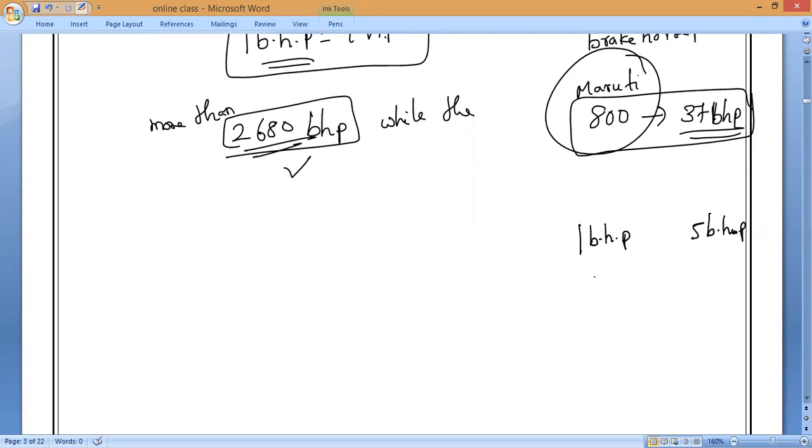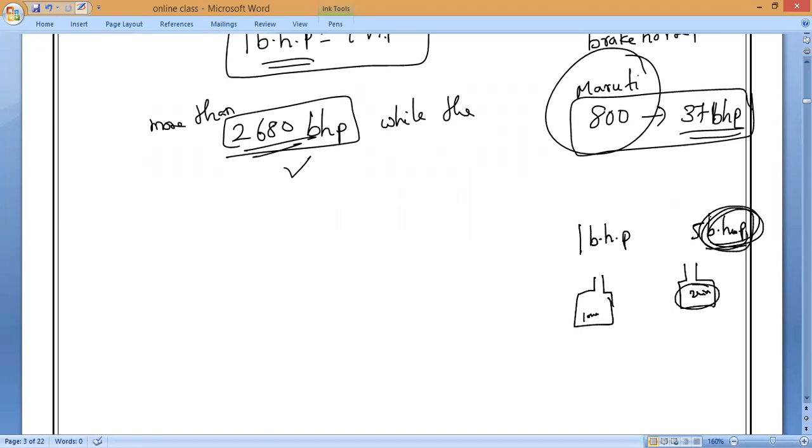If I ask you to fill a 500-liter tank, 1 BHP will take 10 minutes, while 5 BHP will take not even 2 minutes, because here power is more, so it delivers more quickly.